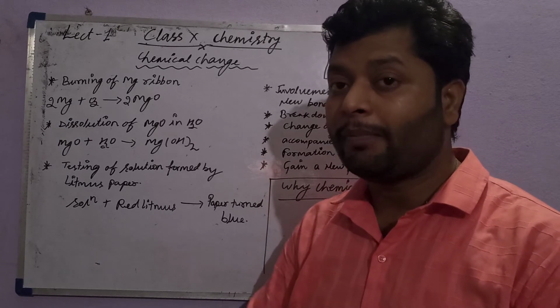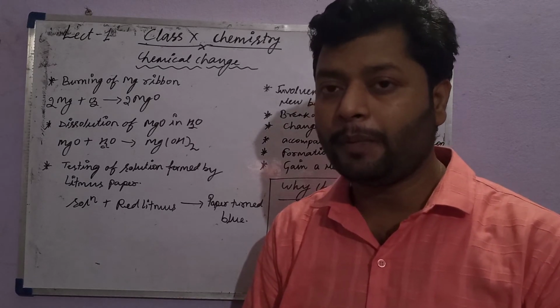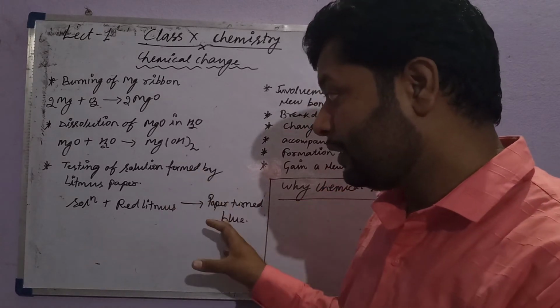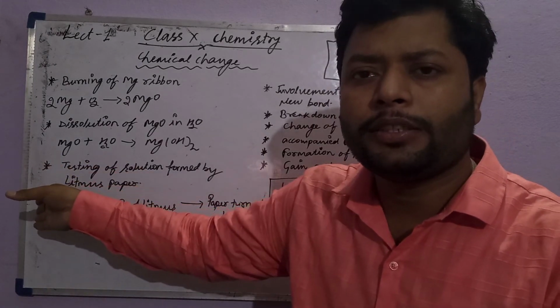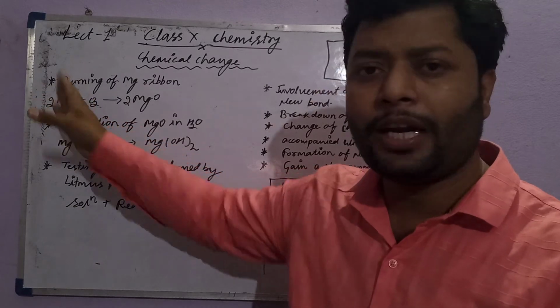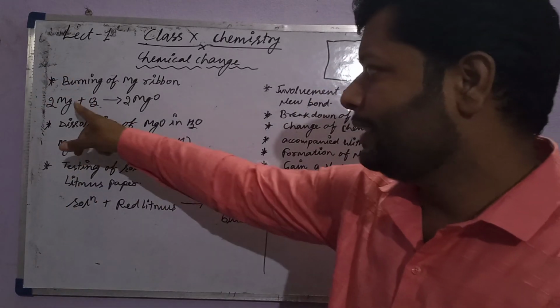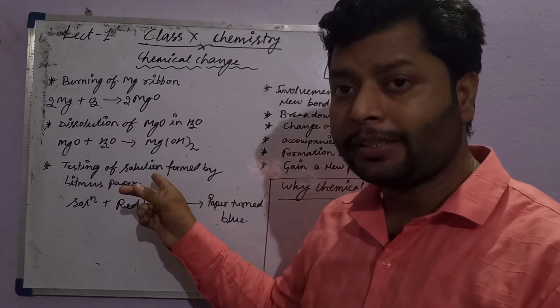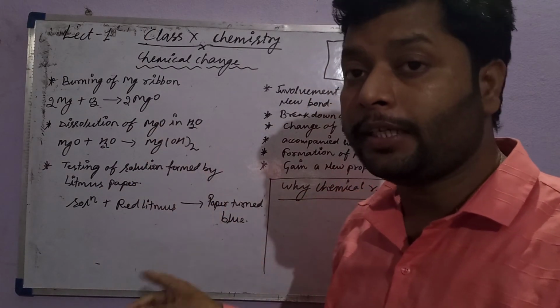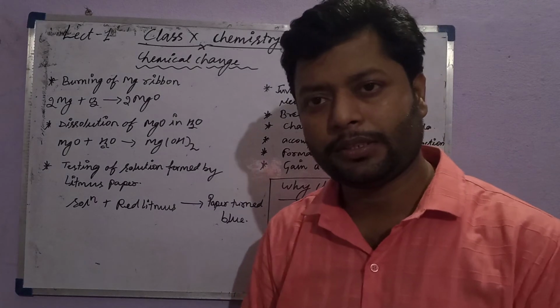Otherwise there would not be any change in the litmus paper. Magnesium ribbon with a litmus paper shows no change, but if the magnesium oxide or its solution changes the color, it indicates there are two different substances.